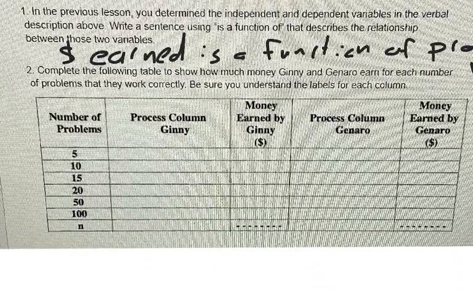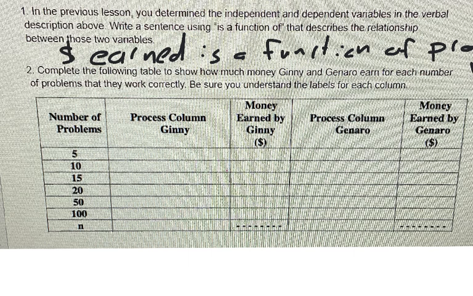Okay, complete the following table to show how much money Jenny and Gennaro earn for each number of problems that they work correctly. Be sure you understand the labels for each column. So, if they worked 5 problems correctly in 20 minutes, how much would Jenny earn for doing that?